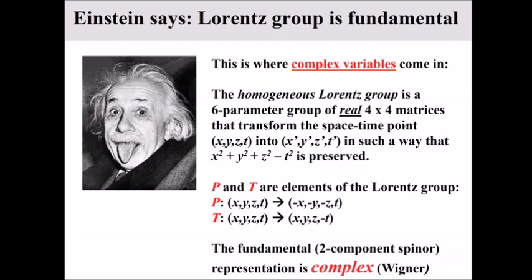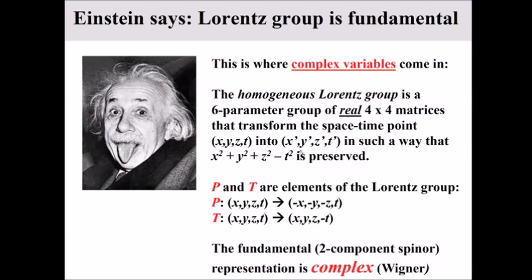They transform the space-time point x, y, z, and t into x prime, y prime, z prime, and t prime. But they transform it in such a way that x squared plus y squared plus z squared minus t squared is preserved. This is a constant. So this is the light cone condition.